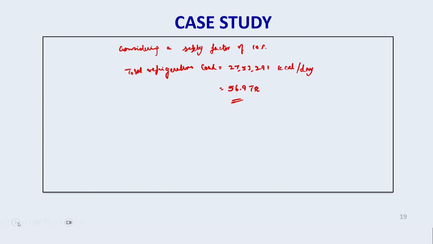The application of refrigeration is the last topic in the first module. With this, we come to the conclusion of the first module. I will meet you all in the second module. Thank you.